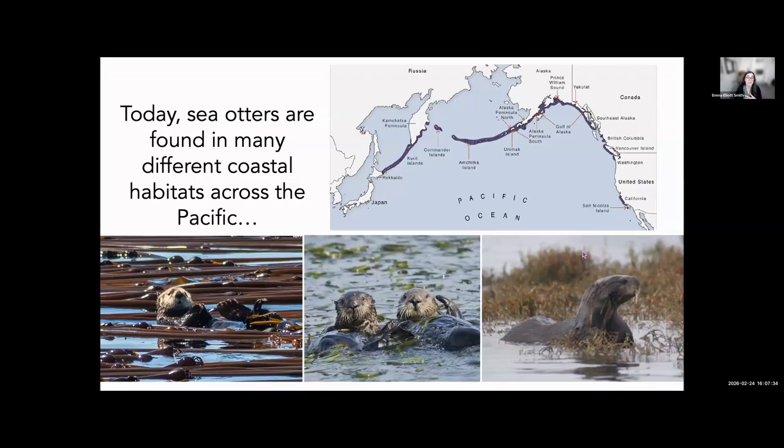So the map up here on the top, that purple band shows their modern geographic distribution. You can see it's really narrowly restricted to a coastal range. Throughout this geographic distribution, they're found in a wide range of coastal habitats. So they're famous for their association with rocky reefs and kelp forests, but they're also found in soft sediment environments such as estuaries and seagrass beds.